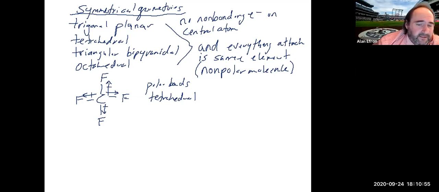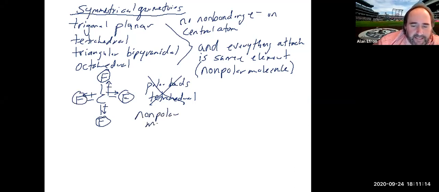But honestly, I don't even need to do any of that, because I could just look at this Lewis structure and go, there are no dots on my central atom. Everybody that's on the outside is exactly the same. This is going to be a nonpolar molecule.